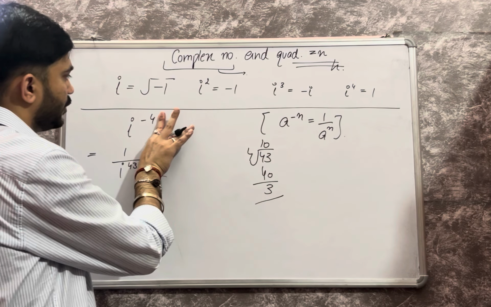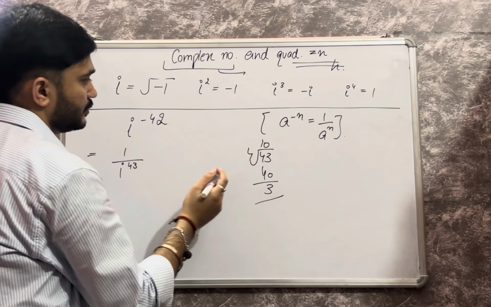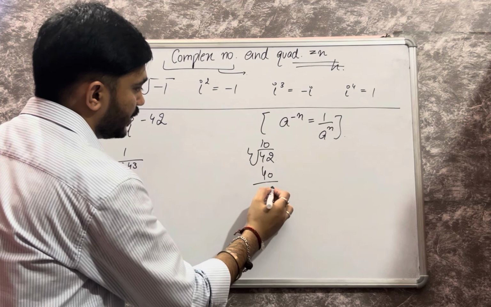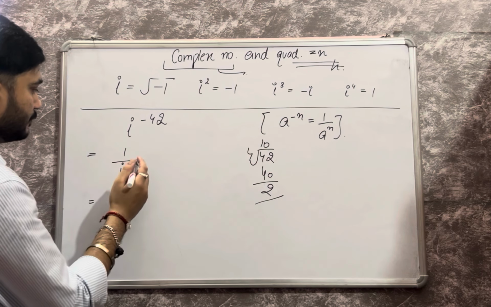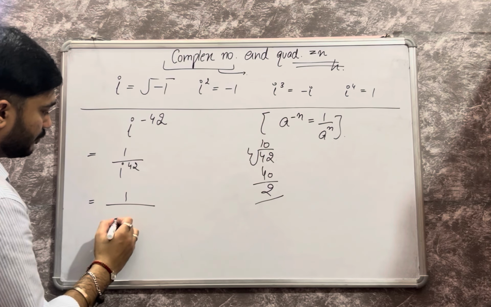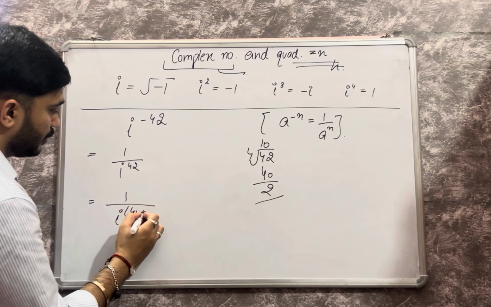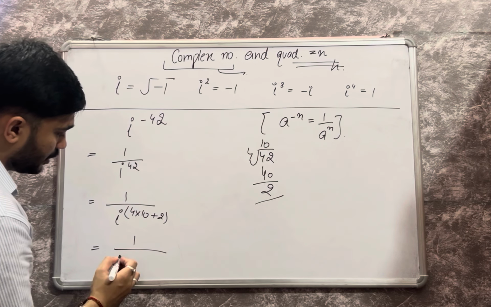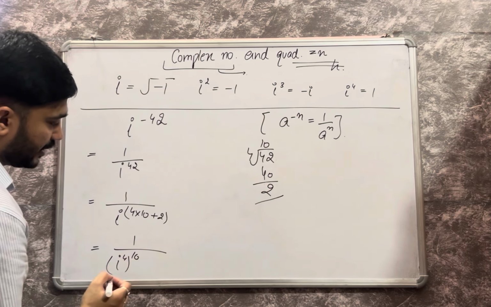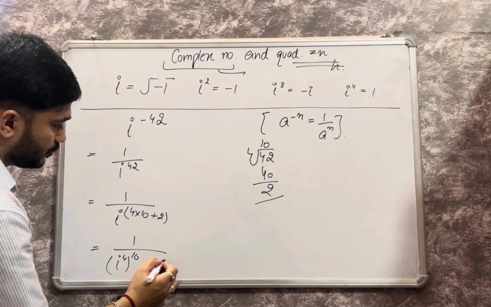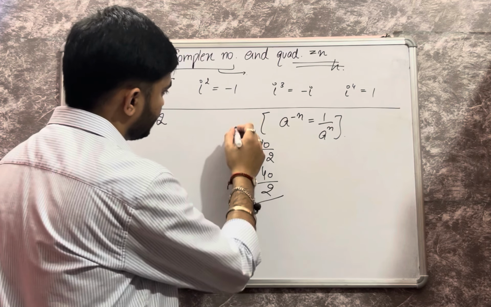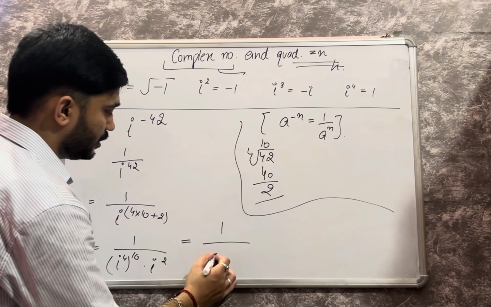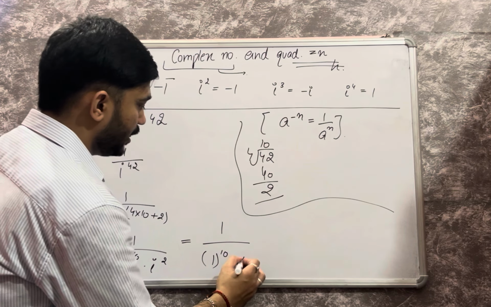Let us take 42 here, so we will get a different answer from the previous one. So you will get 2 as a remainder. We can write 1 upon iota raised to power 4 into 10 plus 2. We can write it as 1 upon iota raised to power 4, leave 10 outside the bracket, into iota raised to power 2. Iota raised to power 4 is 1, so 1 raised to power 10, multiplied by iota square.